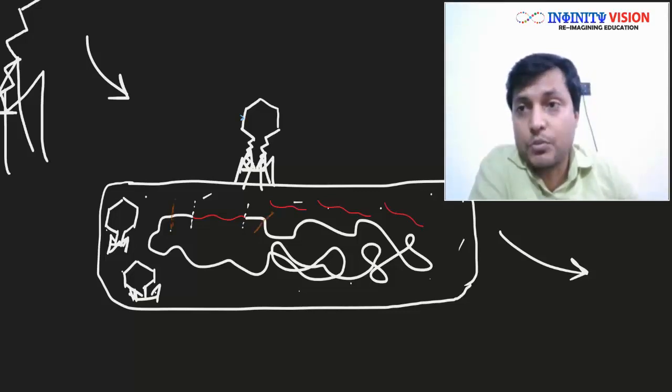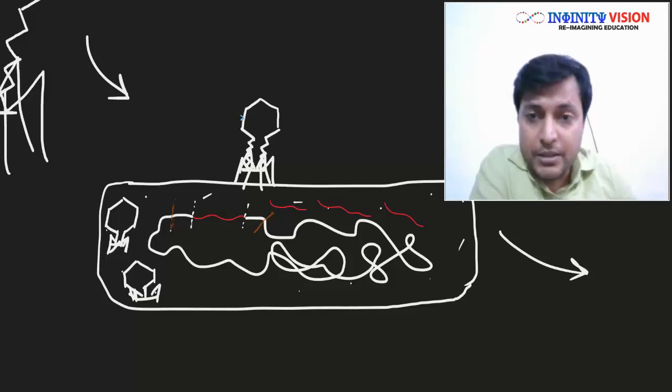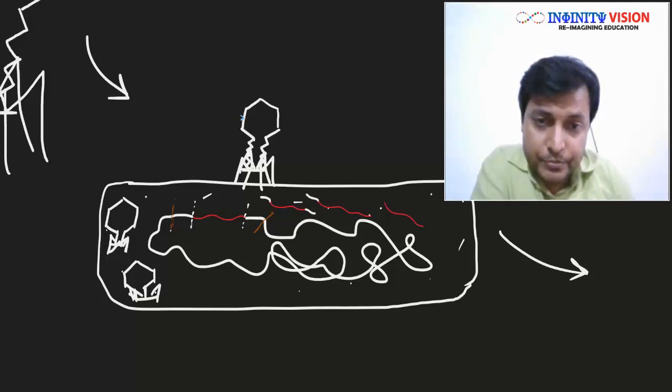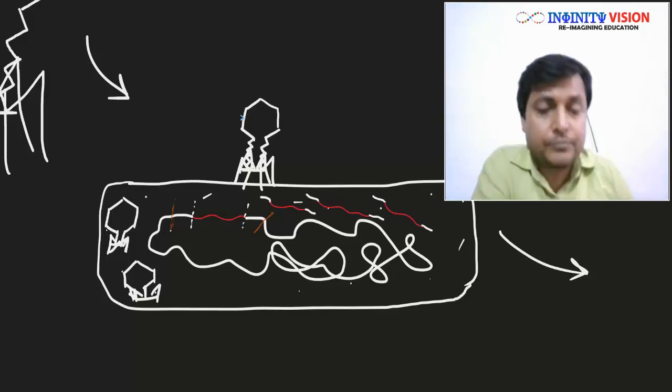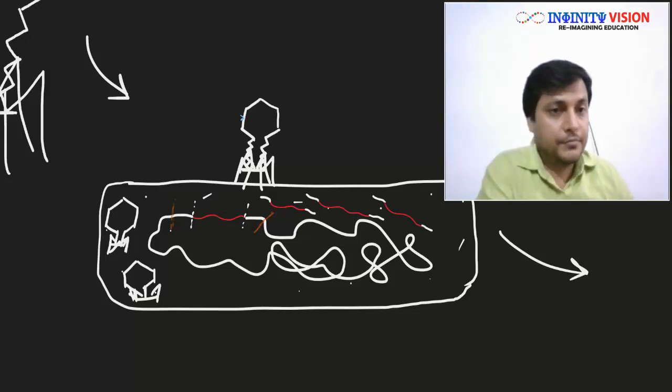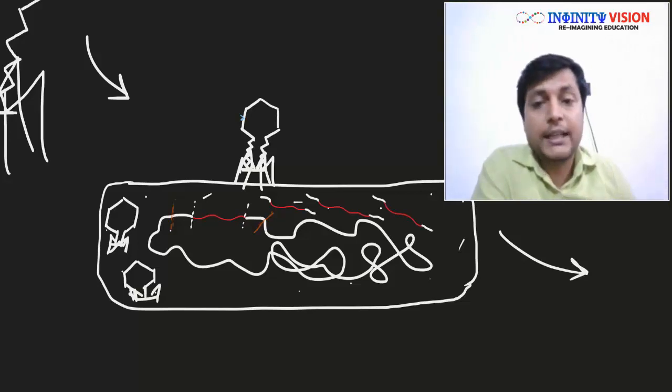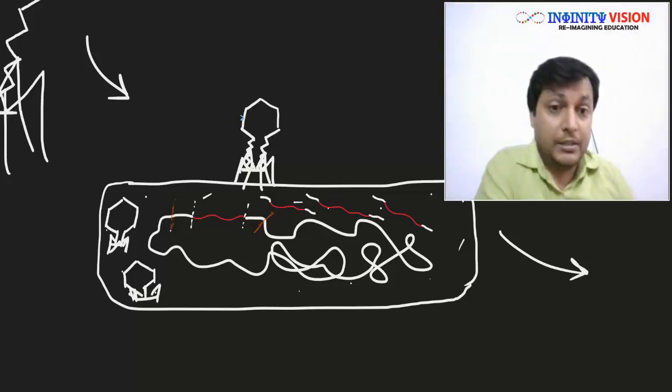As a result, the new viral DNAs have some piece of bacterial chromosome. Great. And then these are packed into the viral particles.